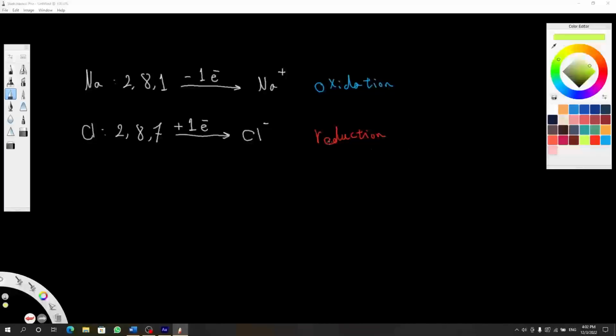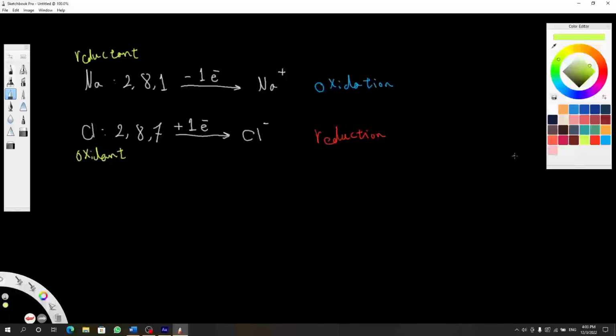As we've mentioned, in oxidation and reduction in terms of losing and gaining electrons, the substance that goes through the oxidation process is called a reductant or a reducing agent. The substance that goes through the reduction is called an oxidant.